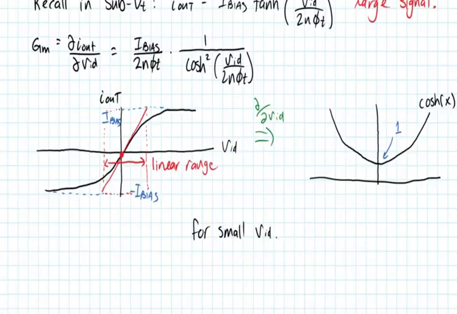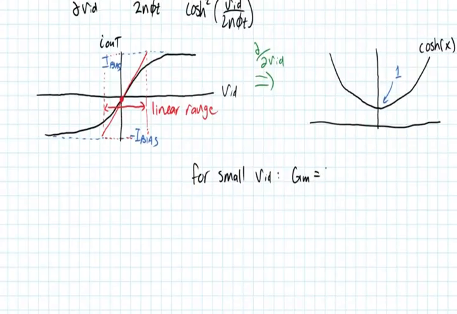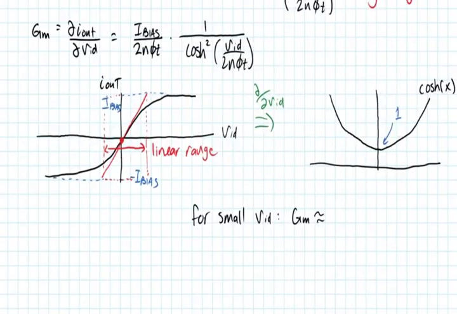differential input voltages, the transconductance of the overall circuit is approximately equal to, basically we can remove this first part of the term here and we get I bias over 2 n phi t. Okay. Now it turns out that this looks very much like the transconductance of a single MOSFET device, perhaps divided by 2.